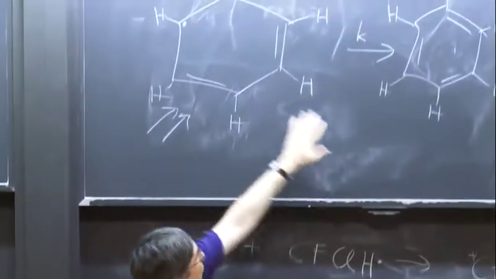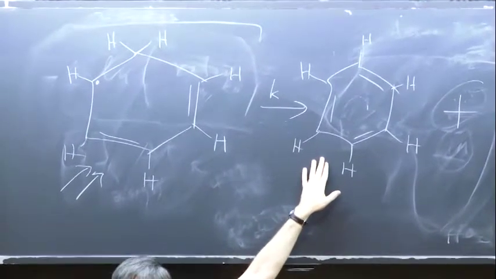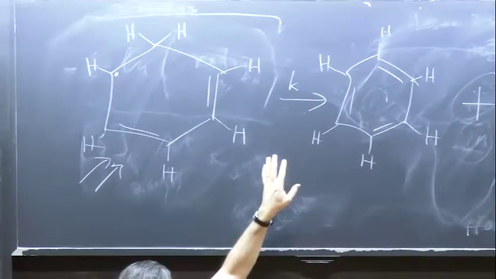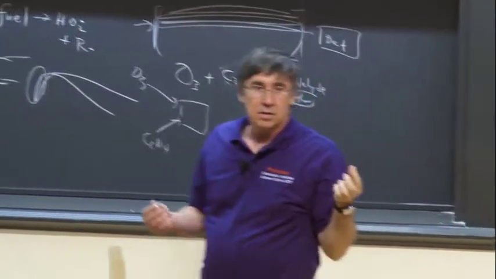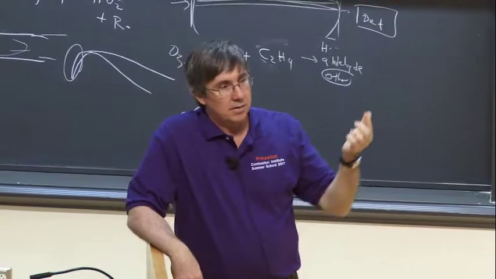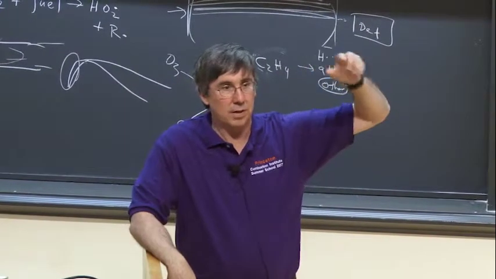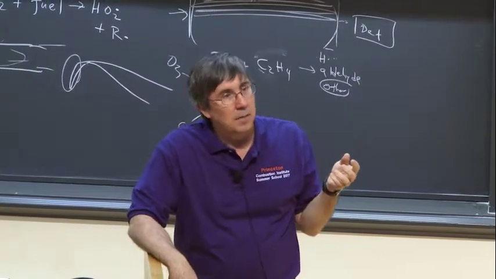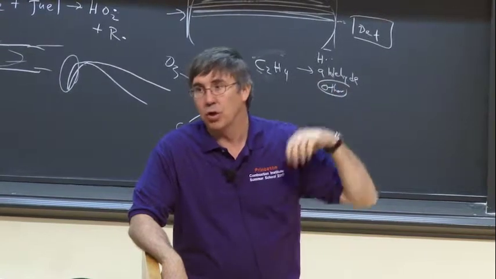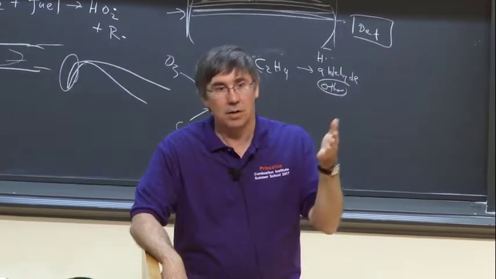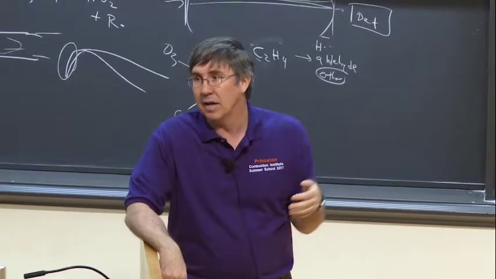So the first approximation is these two molecules look a lot alike. The only difference is that this guy lost an H atom. And H atoms, their frequencies of vibration are really high. The mass of an H atom is very light, so therefore the k over m is big, so therefore the frequencies are big. At moderate temperatures, if you have a high frequency, you don't get much Q from high frequencies, because of the formula for how the partition function depends on the frequency; high frequencies are basically inactive.